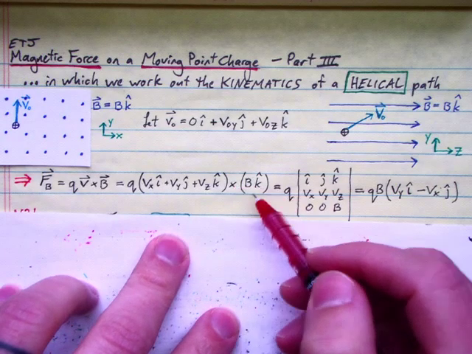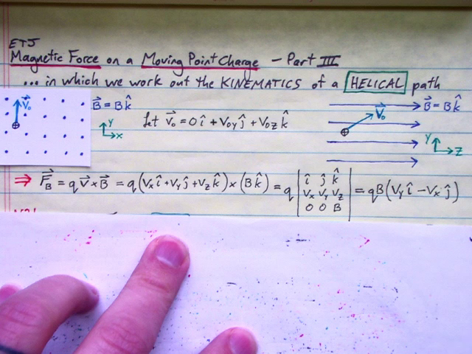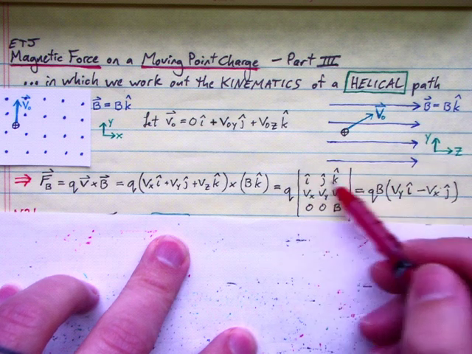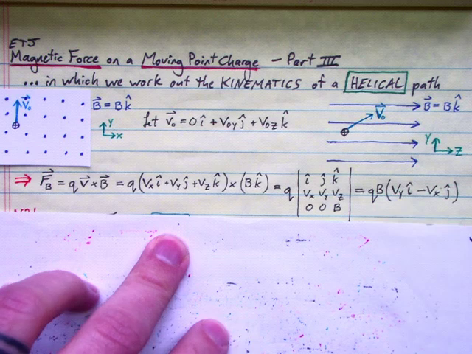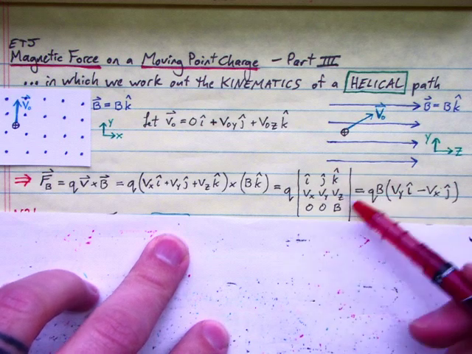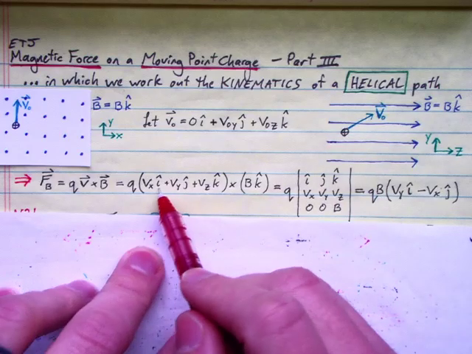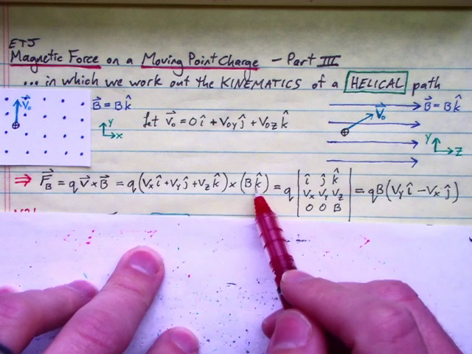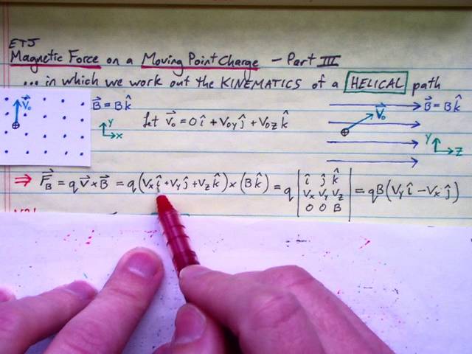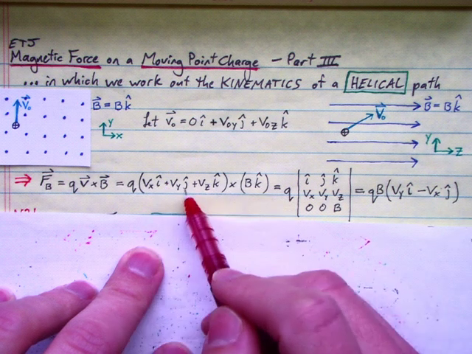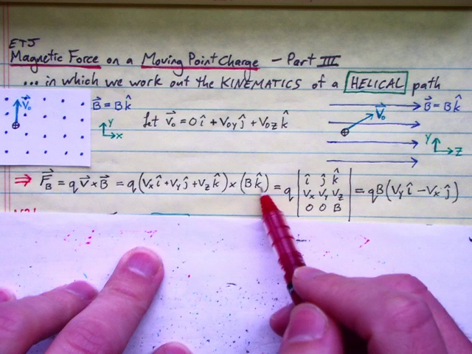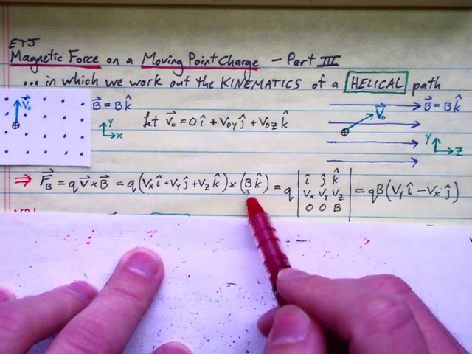Okay, so the cross product can be found by evaluating the determinant of this 3x3 matrix. Or if you're not familiar with this method, which is fine, you could just distribute across this cross product here. So the i hat term crossed with the k hat term plus the j hat term crossed with the k hat term plus the k hat term crossed with the k hat term.